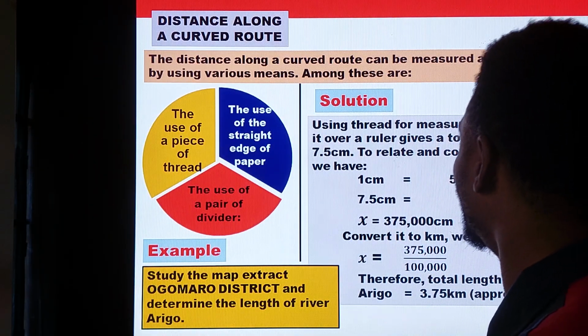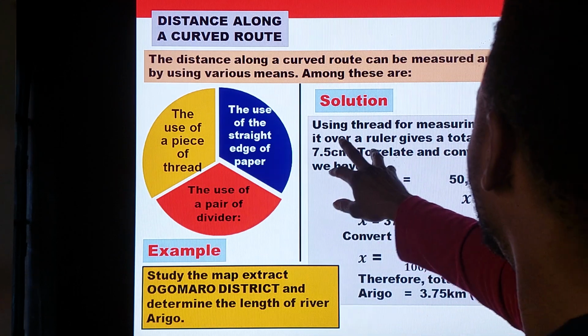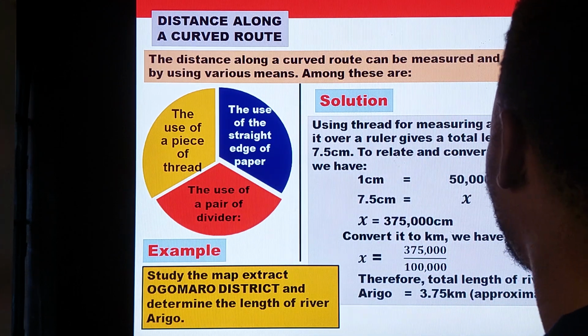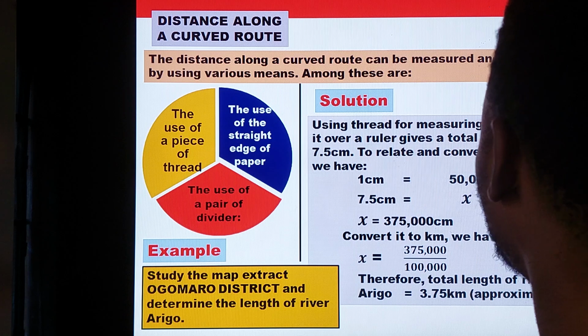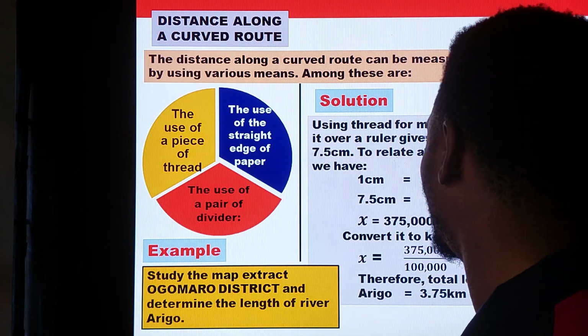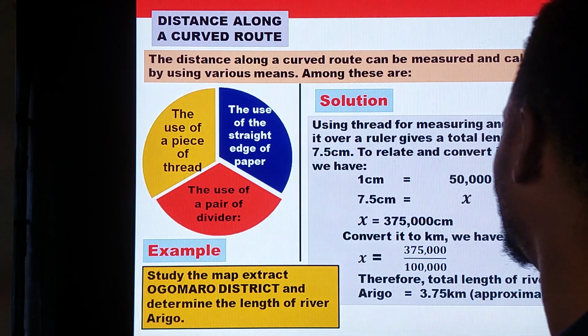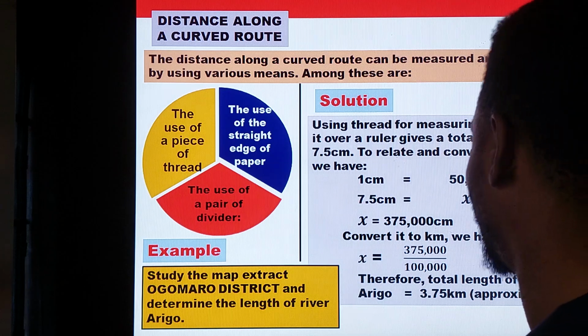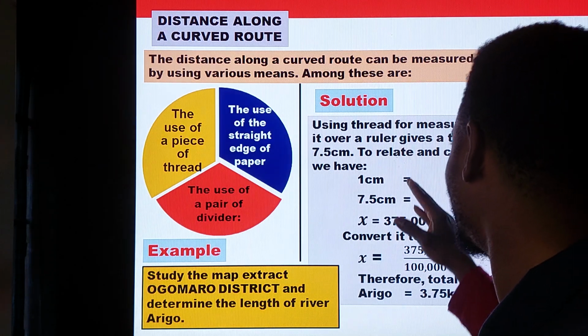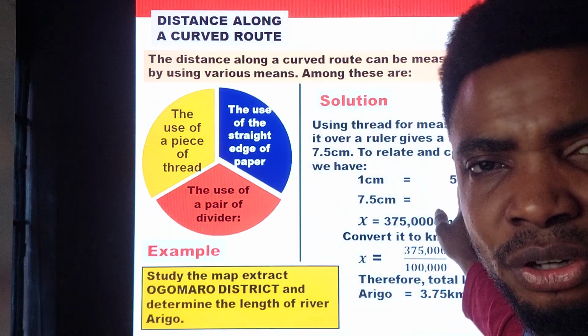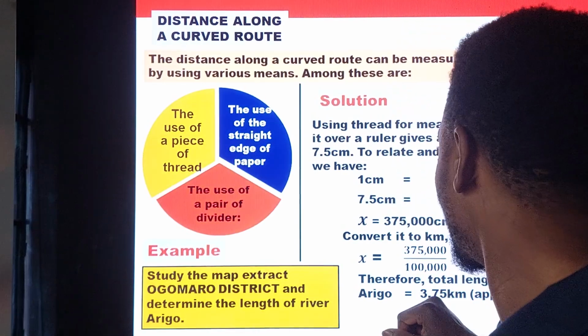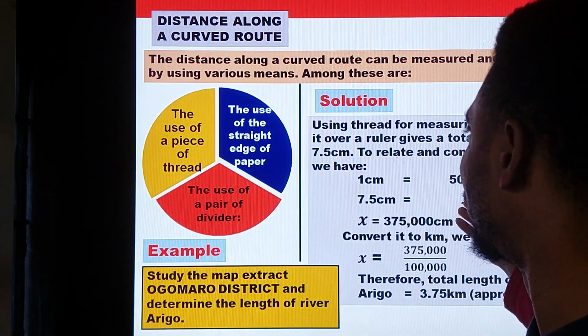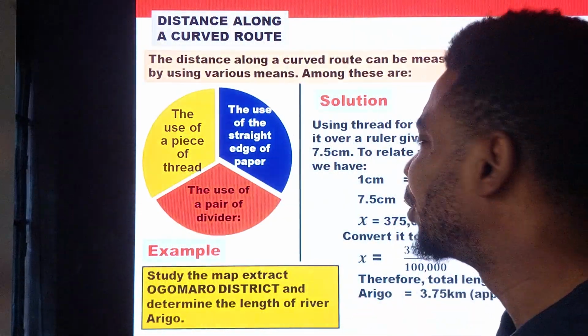Using thread for measurement and stretching it over a ruler gives a total length of 7.5 centimeters. To relate and convert it with the scale, we have 1 centimeter represents 50,000 as we have on the map scale. Then 7.5 will be equal to what when you convert?